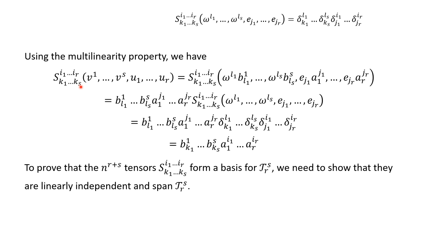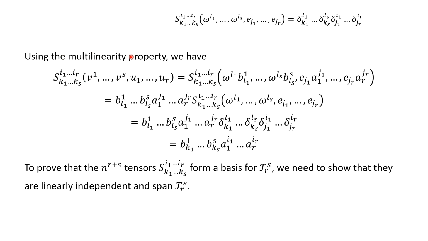So, as I mentioned on the last slide, we want to take our tensor and then evaluate it over this arbitrary collection of vectors from V and the dual of V. So we have this here. Then, as you recall on the last slide, we defined each one of these in terms of the basis vectors for V and the dual of V. So I just plugged that in here. So that's what I did in going from here to here.